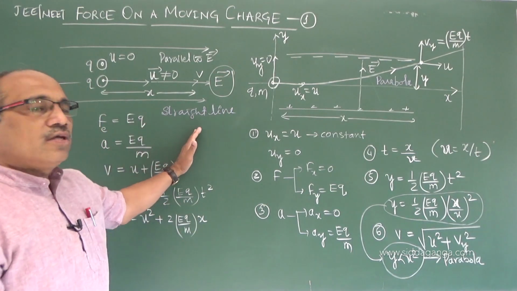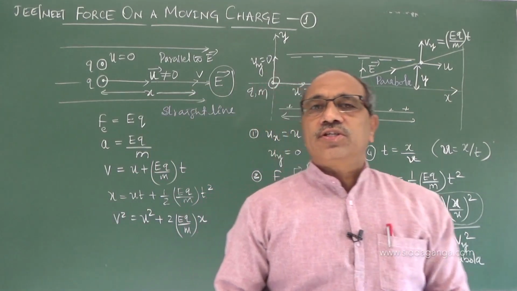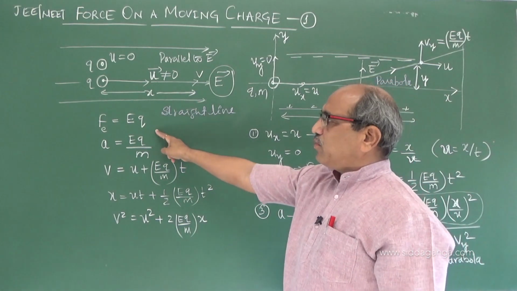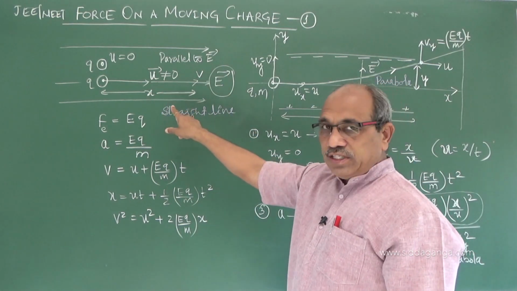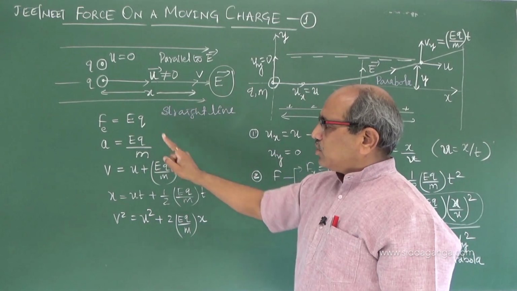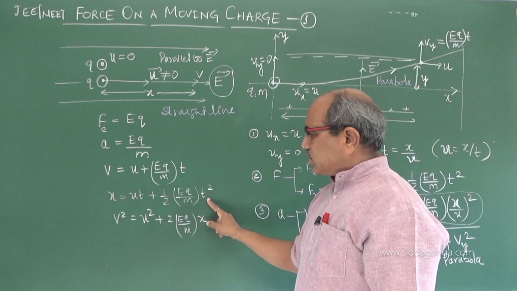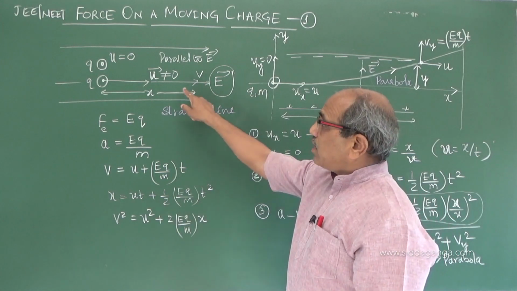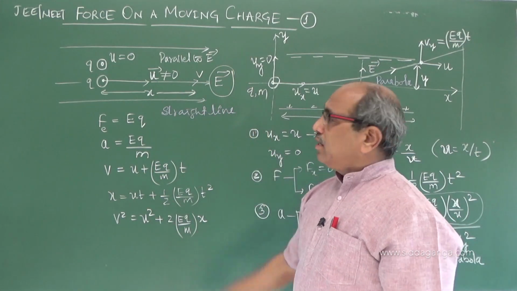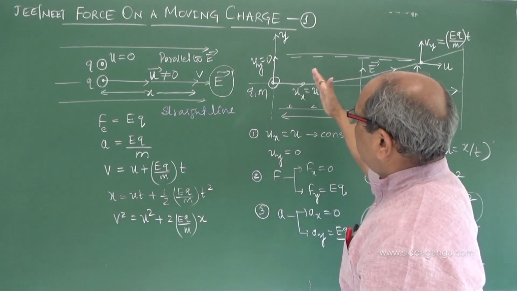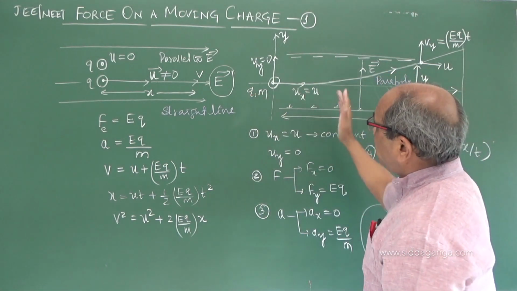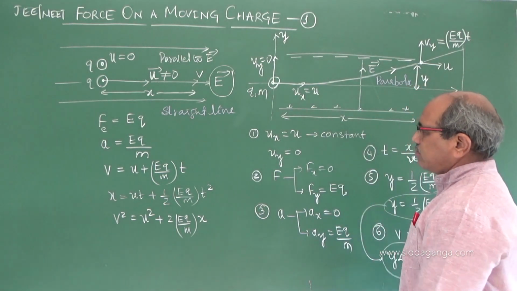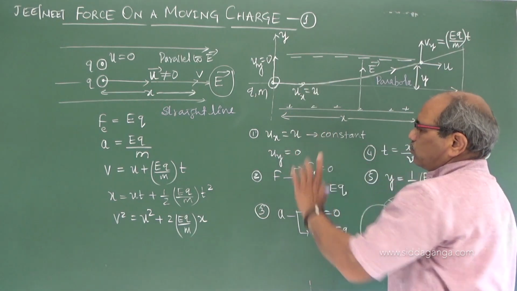I hope you have followed the situation we discussed in electrostatics. A charge moving parallel to the electric field experiences a force, whether it is at rest or moving with a certain velocity. Acceleration, velocity after time t, distance covered in time t, or velocity in terms of u square and x. And the path of the charged particle when it enters parallel is a straight line. In the other case, when the charge enters perpendicular to the electric field, the initial velocity perpendicular to the field remains constant, but along the field direction it is initially 0.